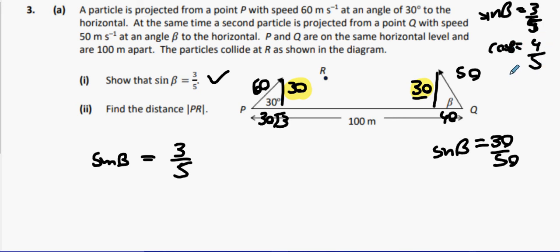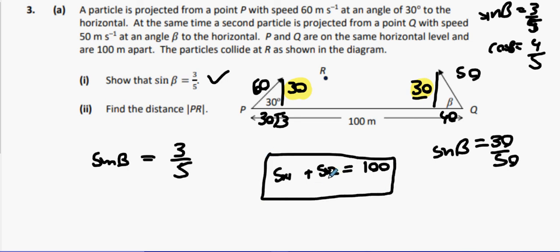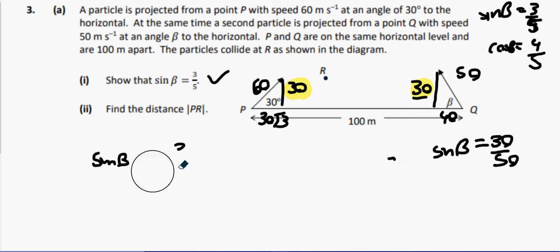Sx1 plus Sx2 has to equal 100. Does that make sense? The distance traveled along the x-axis at the same time has to equal 100. That's our link, that's what we're going to attack. So I'm going to create all eight equations right now.